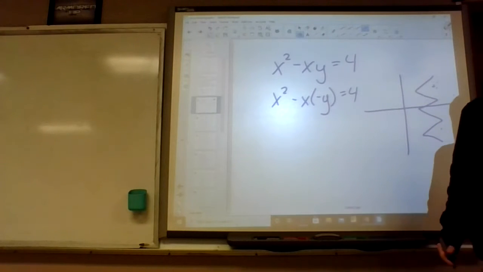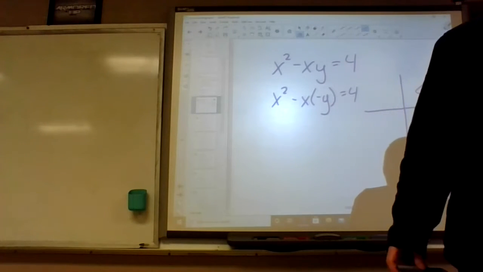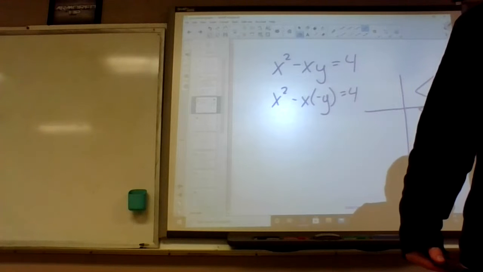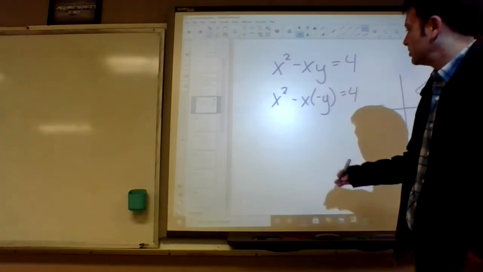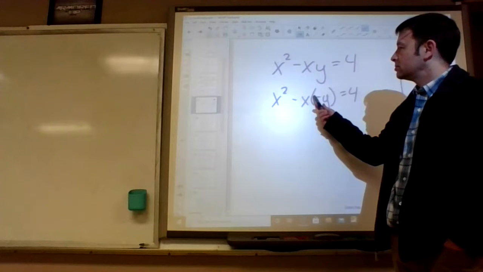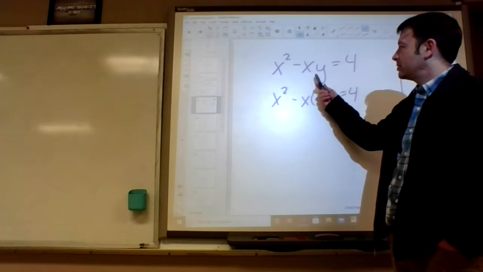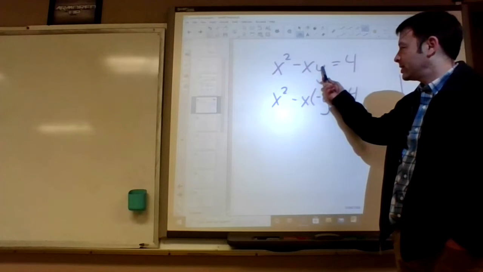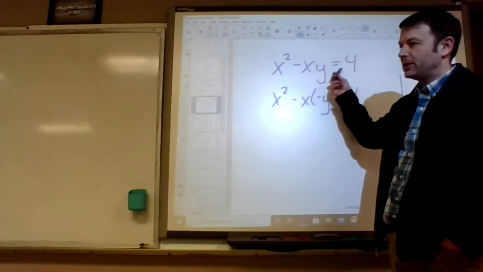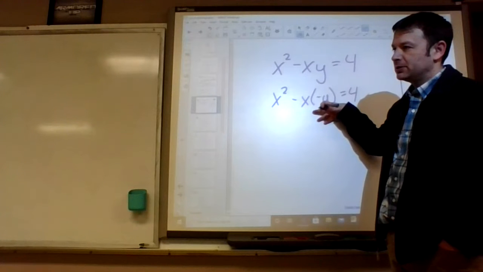So if it was x squared plus xy, it would be symmetrical. No, because if it was plus xy and I changed the y value to minus, it would be a different equation.